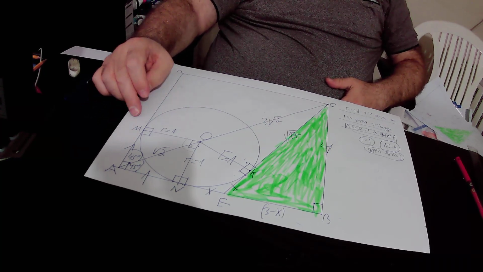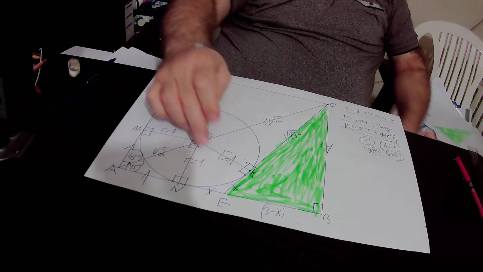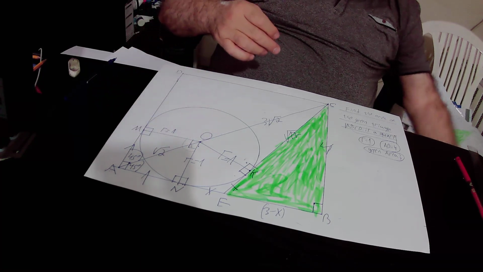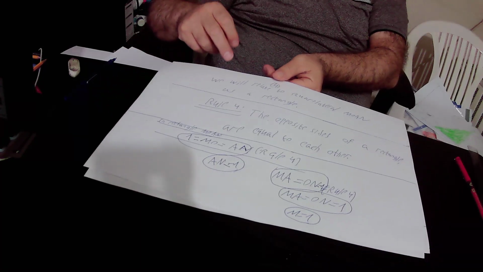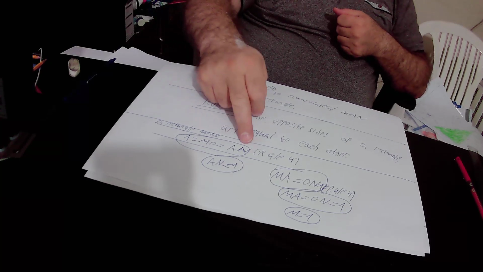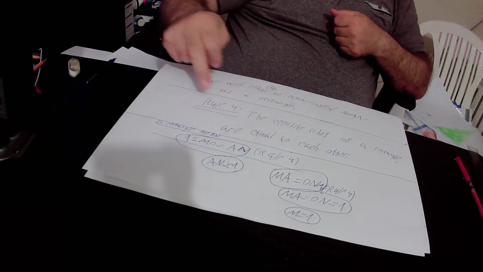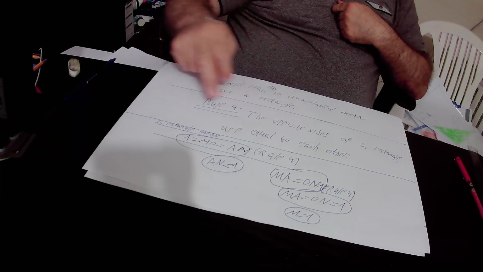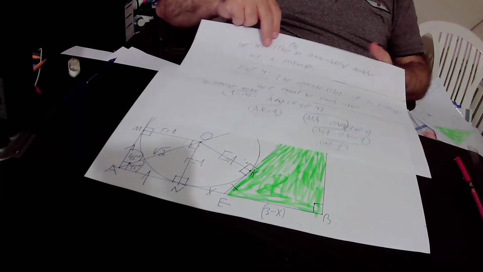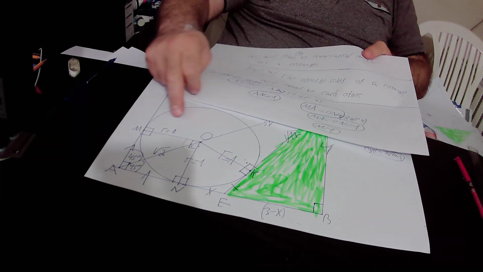That is to say, MO equals AN according to rule number 4, that the opposite sides of a rectangle are equal to each other. But we know that MO equals 1 unit.